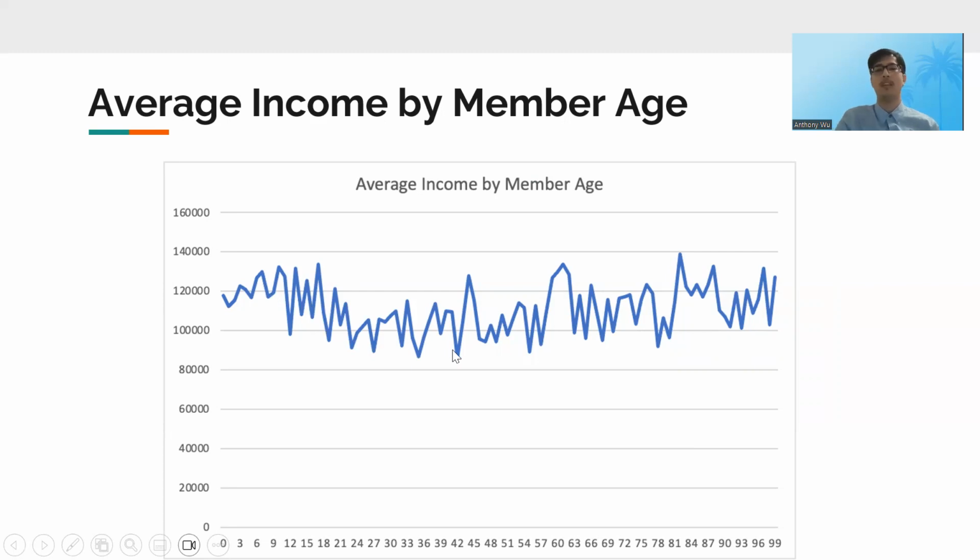There's not one distinct age group, except you can maybe say that ages around 80 to maybe 90 have higher average income in this data set, with about 80 being the highest average income. So with this information, the store owner can now determine that the average income for all their members' ages are about the same in terms of age groups. But if you did want to focus on one, about the age of 80 is one to focus on.